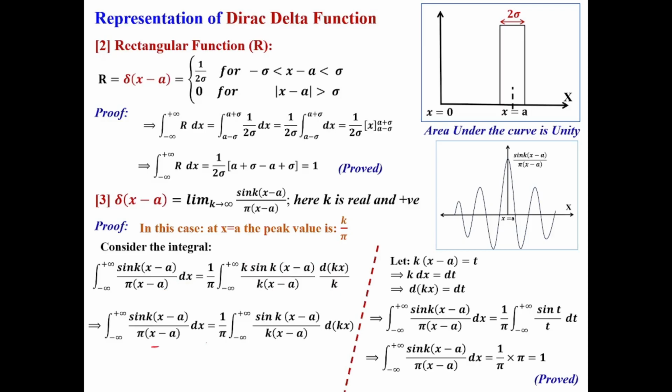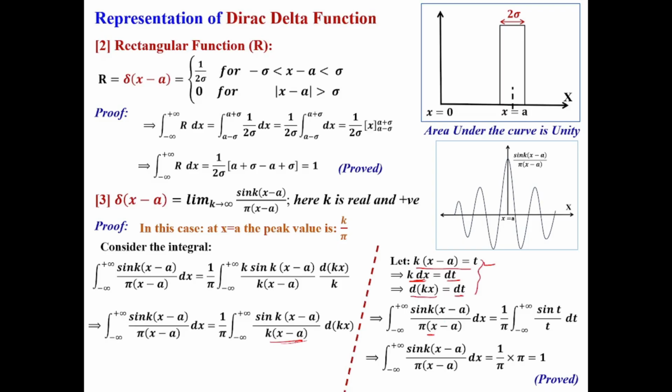Here you can see this k got cancelled, and the other terms I have written are sin k(x minus a) by k(x minus a) into d of kx. Substitute k into (x minus a) as t. So obviously d of kx will be dt. Substitute these values over here.